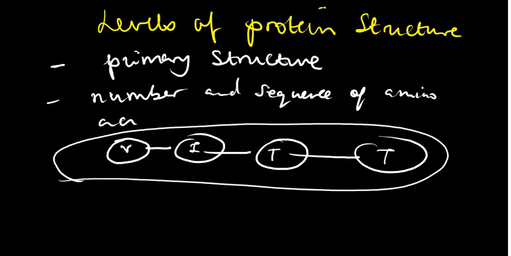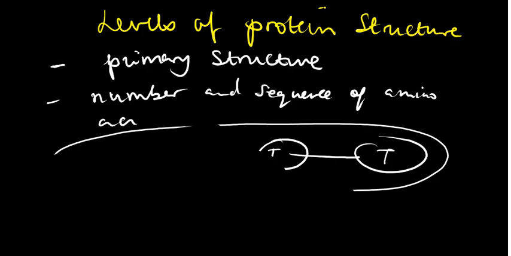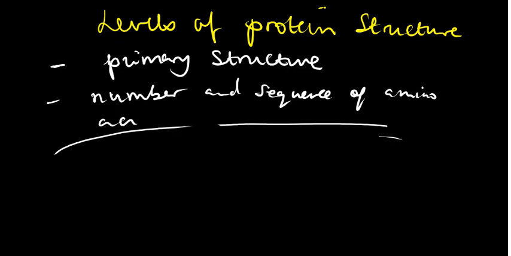So insulin was the first protein, sorry, that was determined. Remember, I was saying that the primary structure is basically the number and the sequence of amino acids. So there isn't so much to talk about here, because it's just the basic level of a protein.